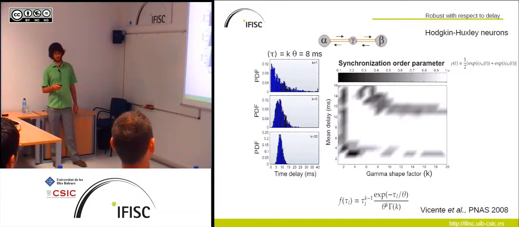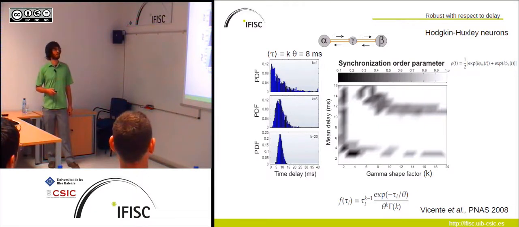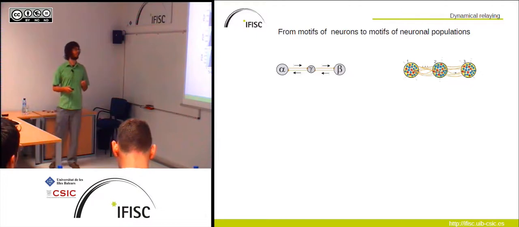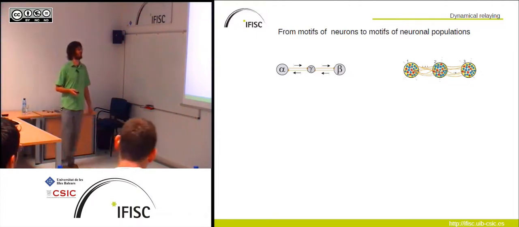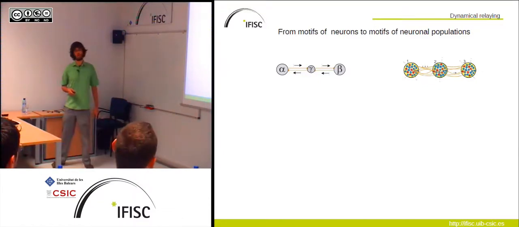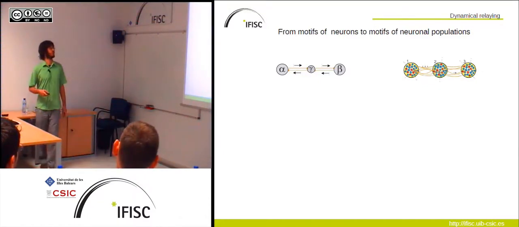This shows that the dynamical relay is very robust with respect to the distribution of delays in the connection. So it's not that one has to tune the delay very well. It shows already that it's very robust and generic.